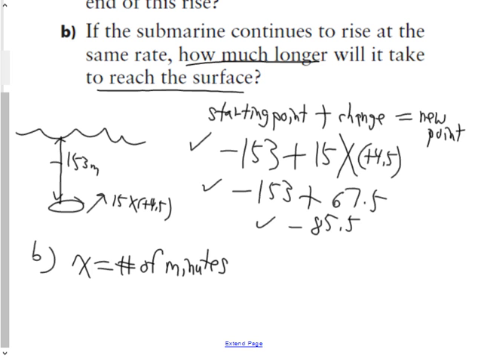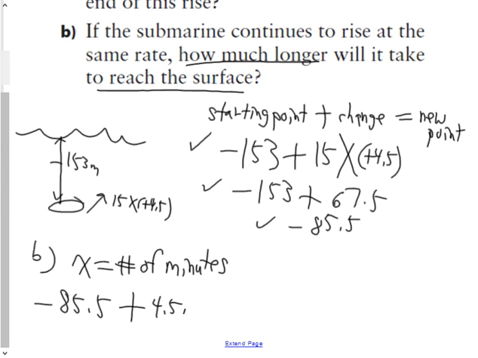So if we take the starting depth of 85.5 meters and we add to it how far it rises. It's going to rise 4.5 meters multiplied by what? The number of minutes, correct?